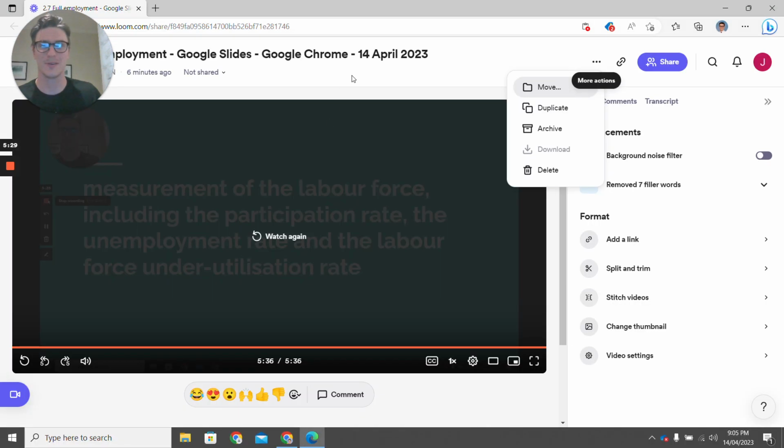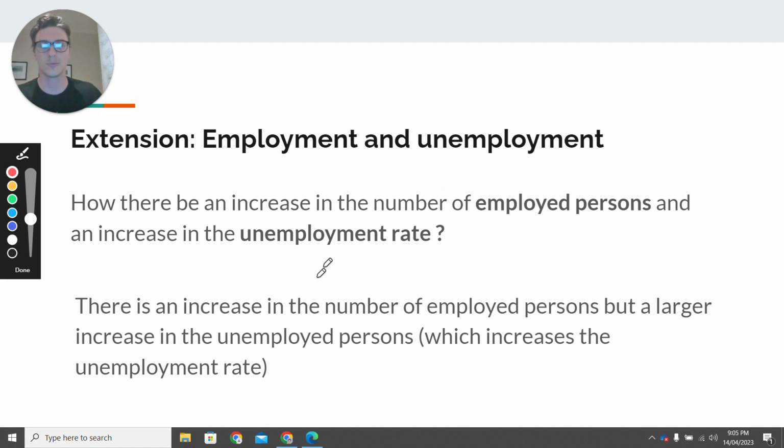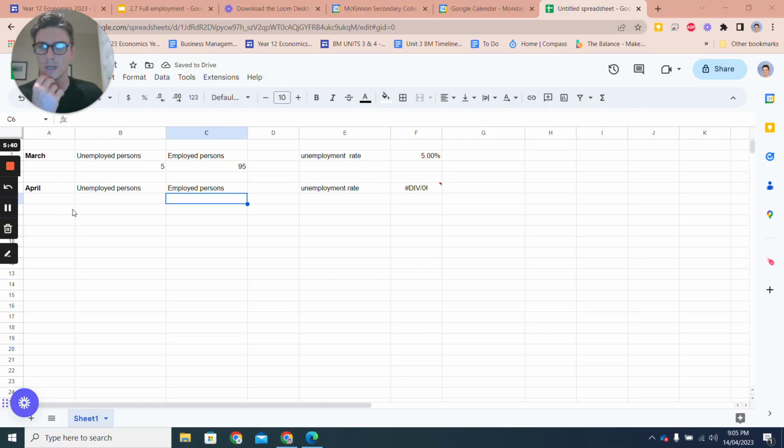Let me pull up my spreadsheet here. In March, say, using the data we went through in that video, 5 unemployed persons and 95 employed persons give us an unemployment rate of 5%.